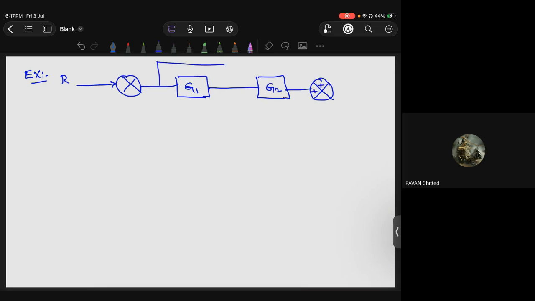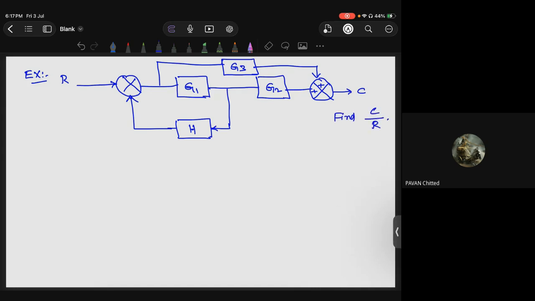From here, you are giving another signal G3 here. Let's say C here, and from here you are taking the feedback, H. Now our question is to find what is the C by R transfer function. Find C by R.